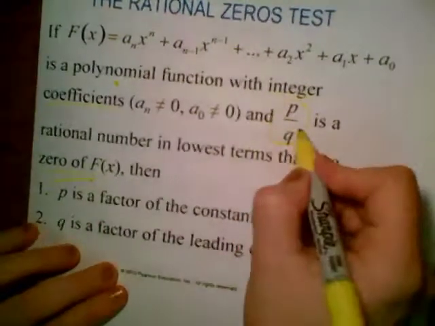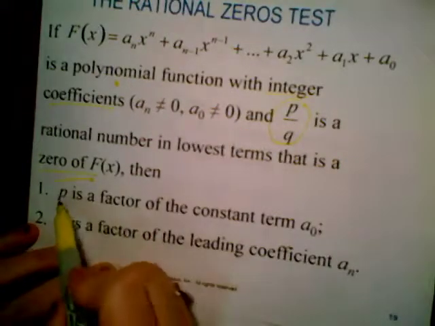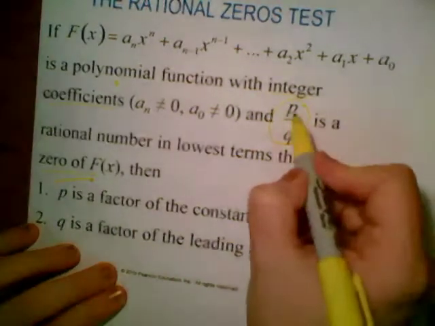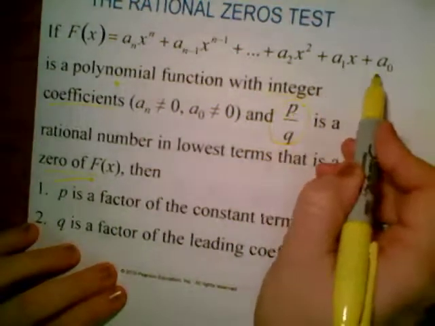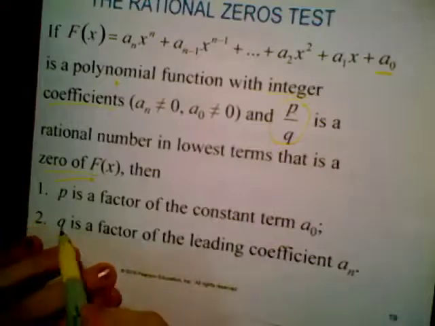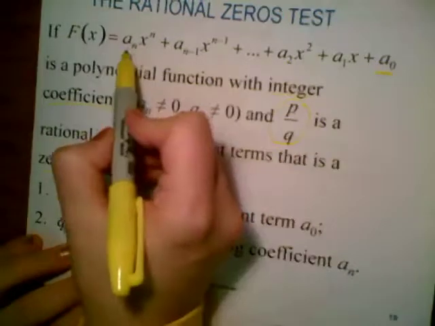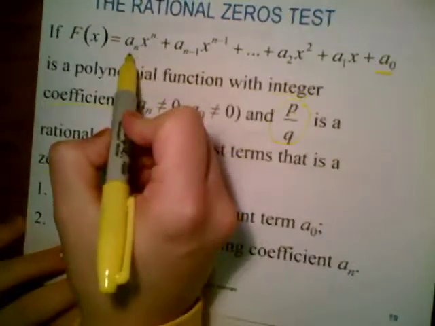Well, it's a candidate to be a zero of this function if p is a factor of the constant term, so the top number divides the constant term evenly, and q is a factor of the leading coefficient, so q divides the leading coefficient evenly.